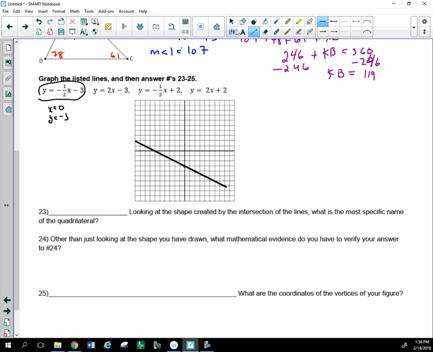The next line I'm going to do, we'll do it in red. Again, we're starting at -3. If I put 0 in for x, y comes out to be -3, so I don't need to do that part all over again. Since I'm starting at -3, I count my slope up 2 and to the right 1, up 2 to the right 1, up 2 to the right 1.